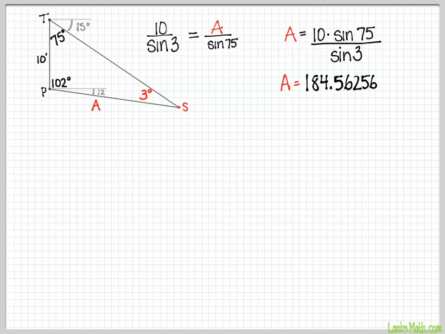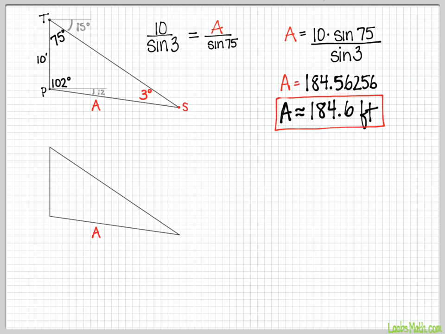I'm going to plug that into my calculator and write down many decimal digits. I'm going to round it to just 1 decimal digit, but I need at least 4 to 5 decimal digits that I'm going to use later on in the problem. So now I know the distance from the boy to the spot is 184.6 feet.